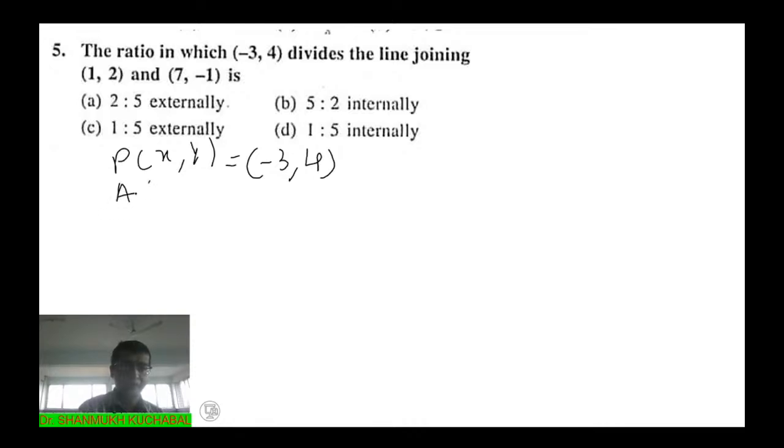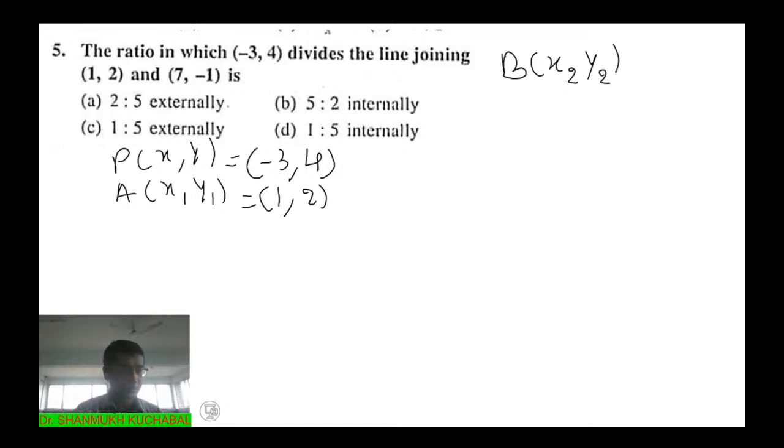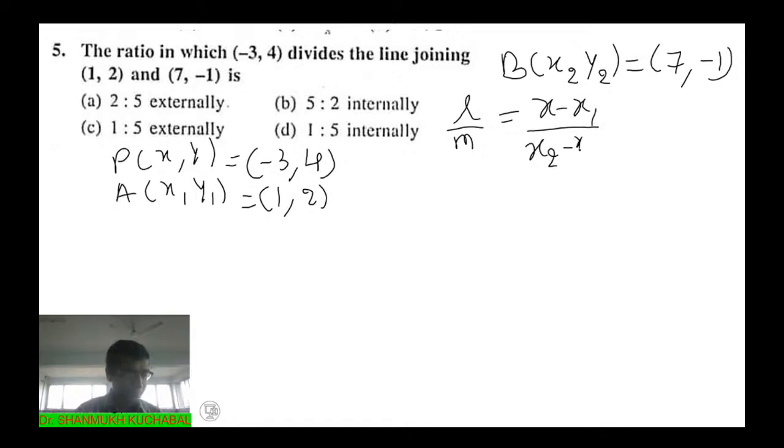Point A, x1, y1, is (1, 2), and point B, x2, y2, is (7, -1). Now P divides AB in the ratio L divided by M equal to (x minus x1) divided by (x2 minus x).